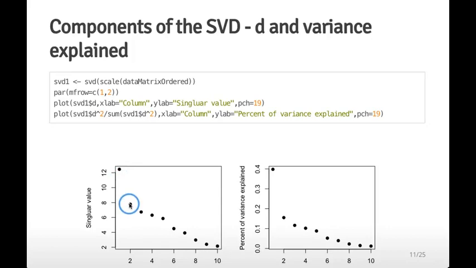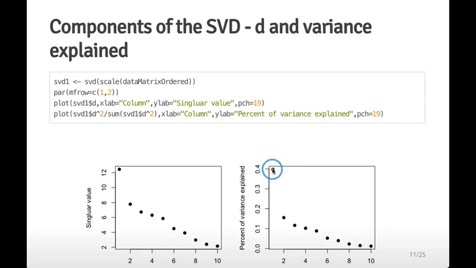The second right singular vector or left singular vector corresponds to this value, and so forth. If you plot, instead of D, D squared divided by the sum of the D squareds, this corresponds to the percent variance explained by a particular column or row of the singular vectors.